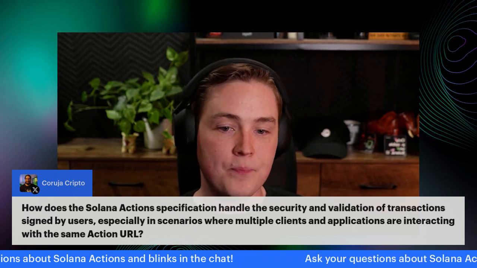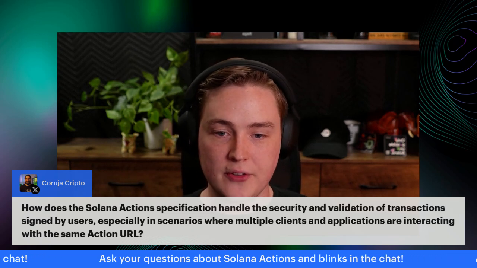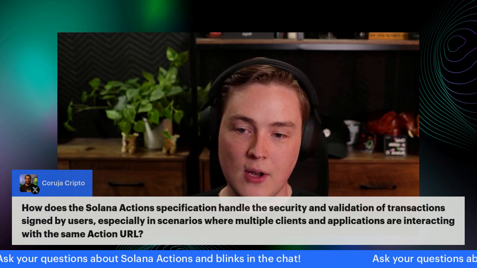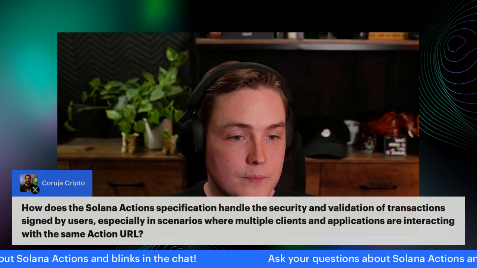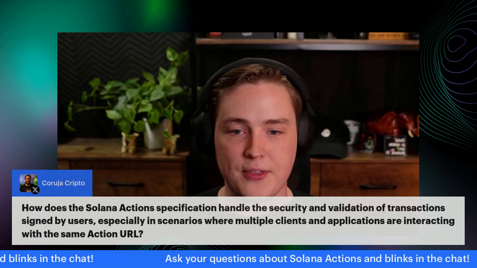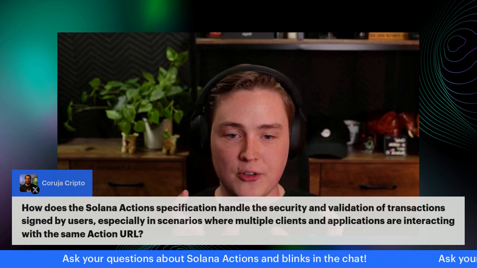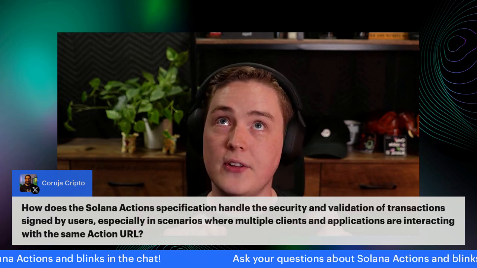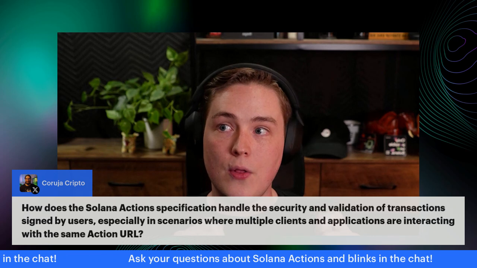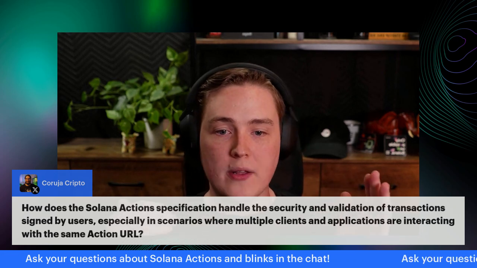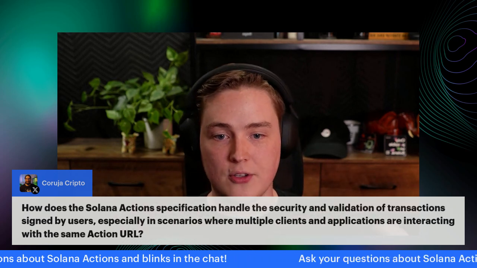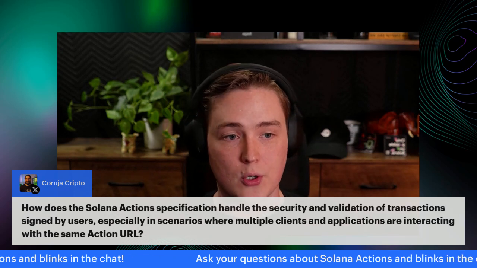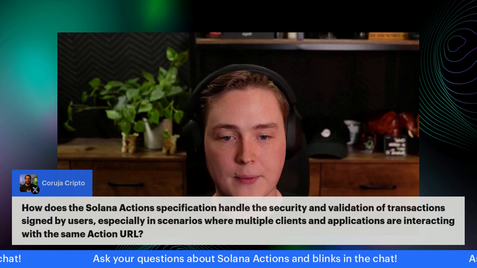Someone asked, how does the Solana action specification handle the security and validation of transactions signed by the user, especially in scenarios where multiple clients and applications are interacting with the same action URL? So a couple of things in here. The whole point of the action specification is to get a transaction from a server and provide it to a user in order to sign it and interact with it.